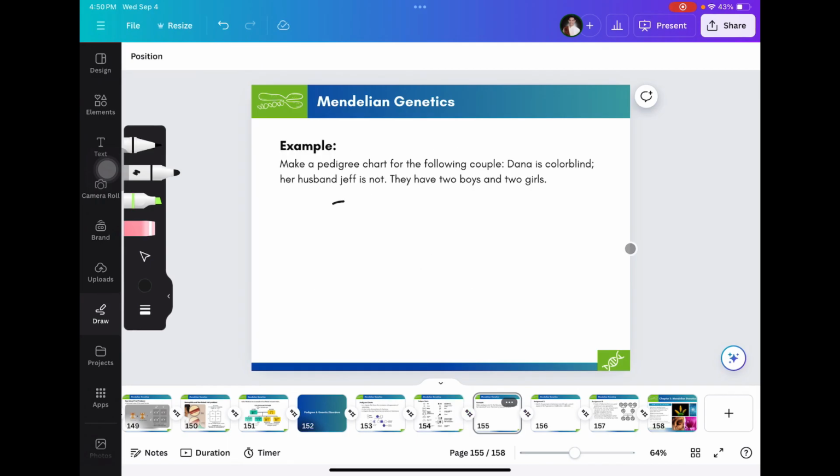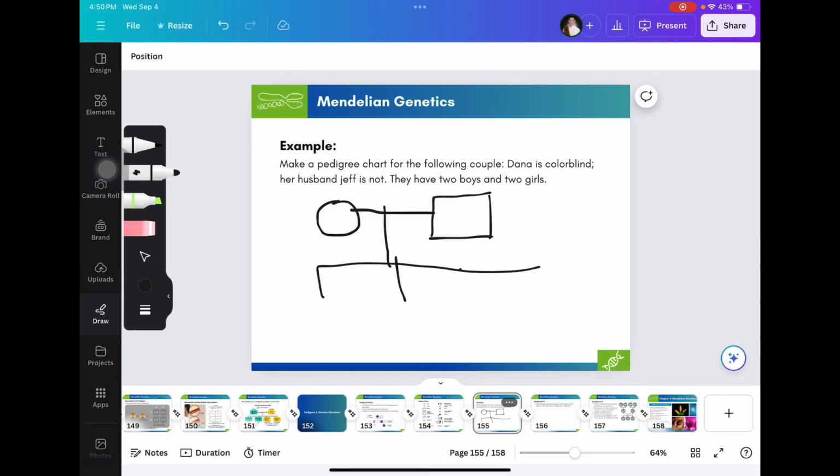So Dana is represented by a circle and Jeff is represented by a square, or box, no? And then since it's explicitly stated that Jeff is Dana's husband, I'm just going to draw a horizontal line in between. And they also have 4 offsprings, 2 boys.